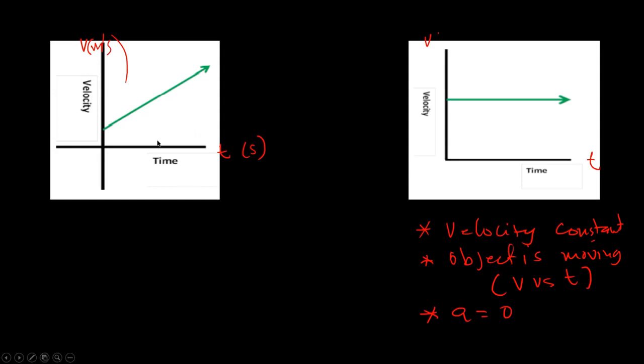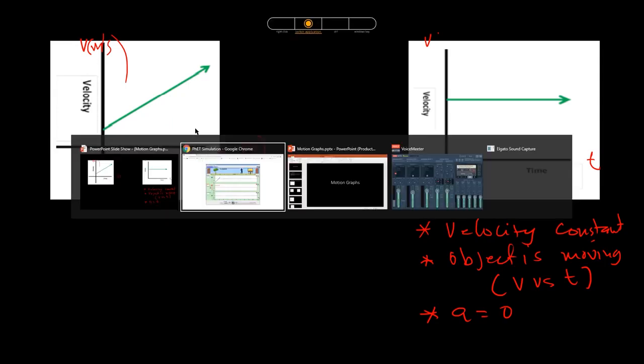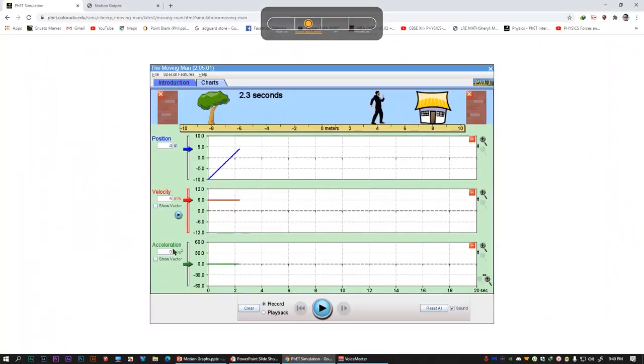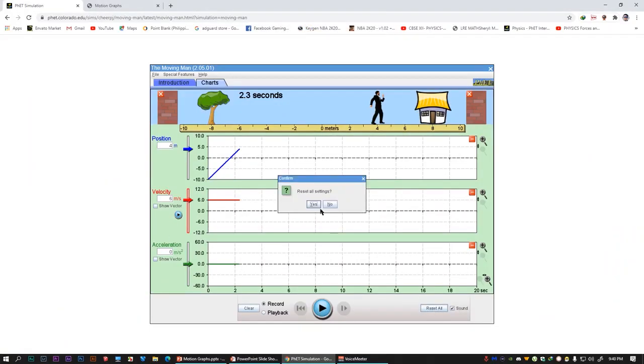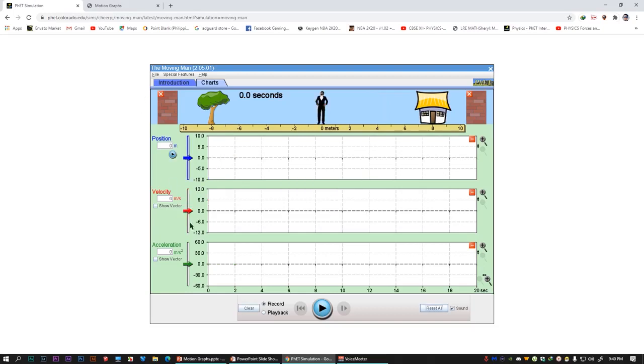So let's try to check this graph in our PhET simulator. What is really happening when we have this kind of graph here? I will reset my simulator, assuming that I put 5 meters per second squared of acceleration here, and let's try to start from -10 so that we have longer time.